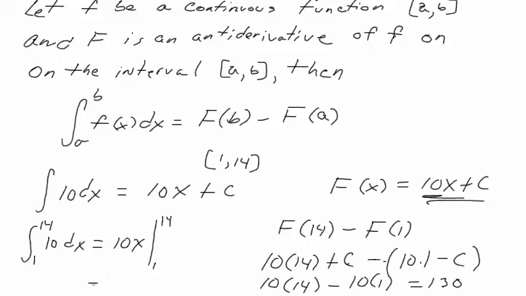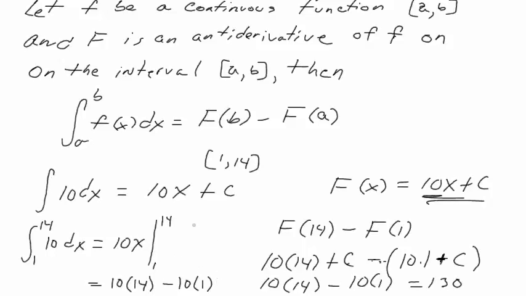Then we plug 14 in: 10 times 14 minus 10 times 1. I needed to put a parentheses here showing that when I distribute this negative across, it becomes a minus c, and the c's cancel out. I was getting ahead of myself.